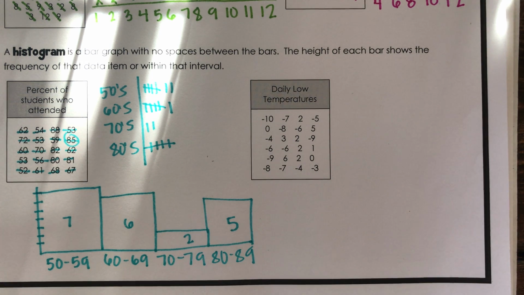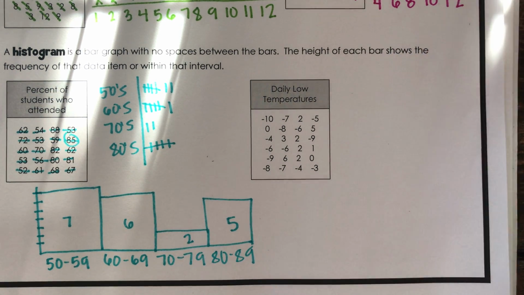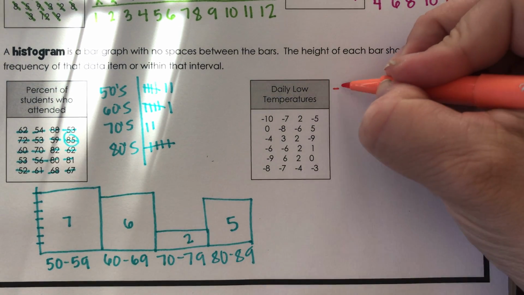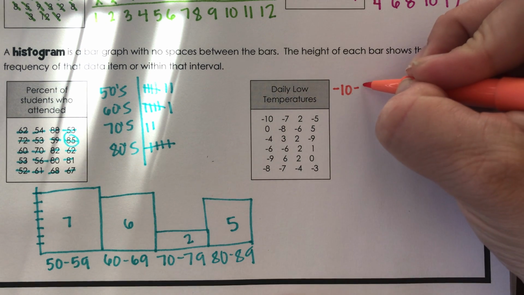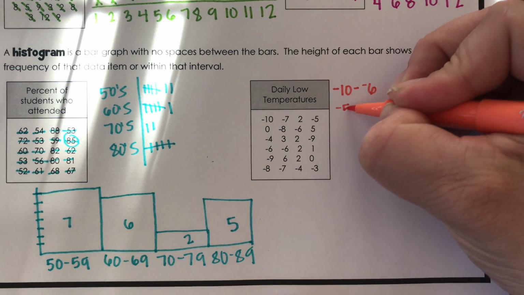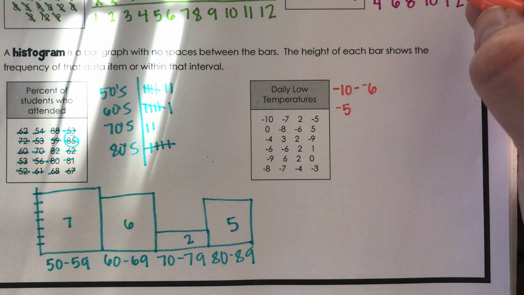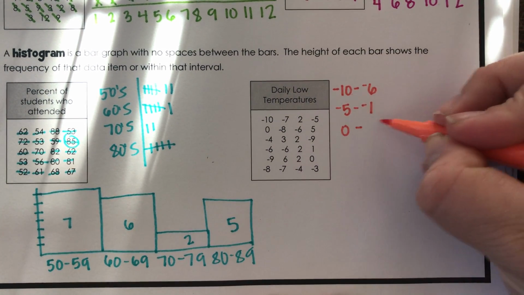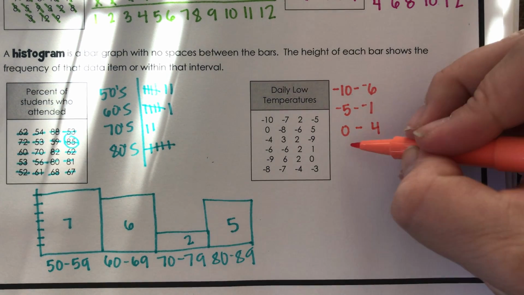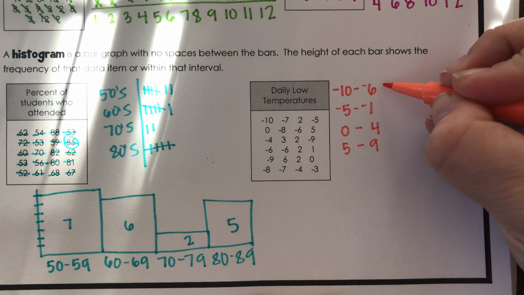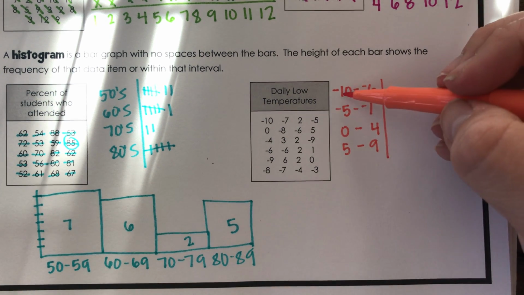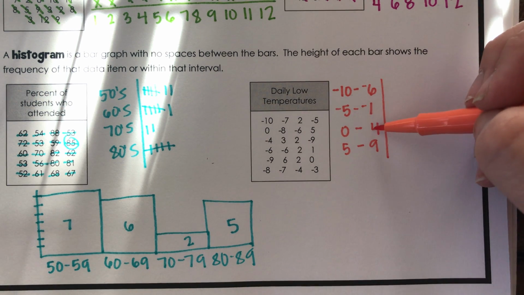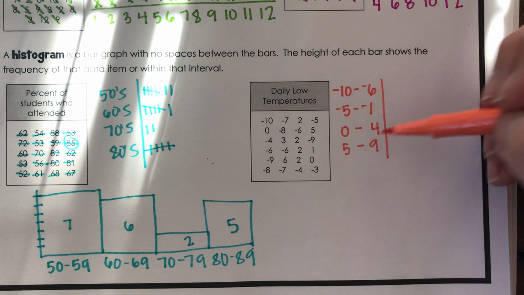So let's see, I might say, okay, well, how many are from -10 through -6, -5 through -1, 0 to 4, and then 5 to 9. Okay, so -10 to -6, -5 to -1, 0 to +4, and then 5 to 9.